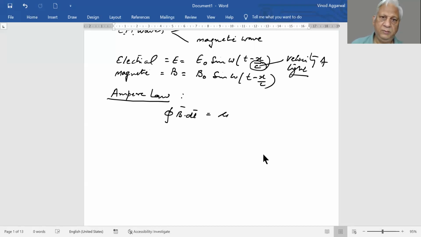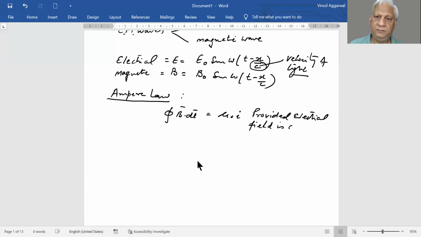This is going to be mu naught I. There was a caveat in this relationship, and the caveat was that it holds provided the electrical field is constant. This is a big condition.